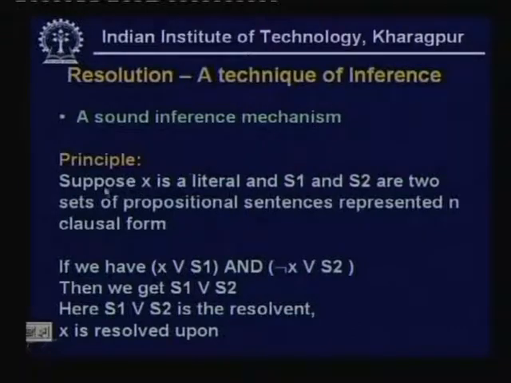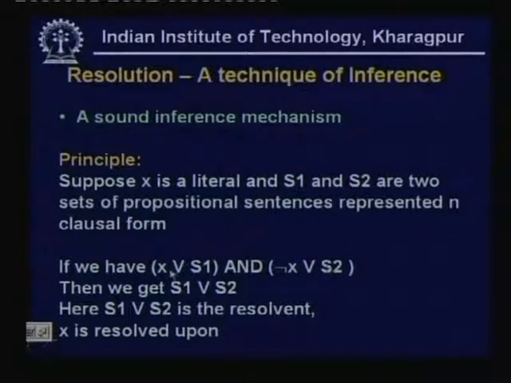Now, suppose X is a literal and S1 and S2 are two sets of propositional sentences represented in clausal form. Then if we have X or S1, and, this and is a logical and, not X or S2, then we can get S1 or S2.